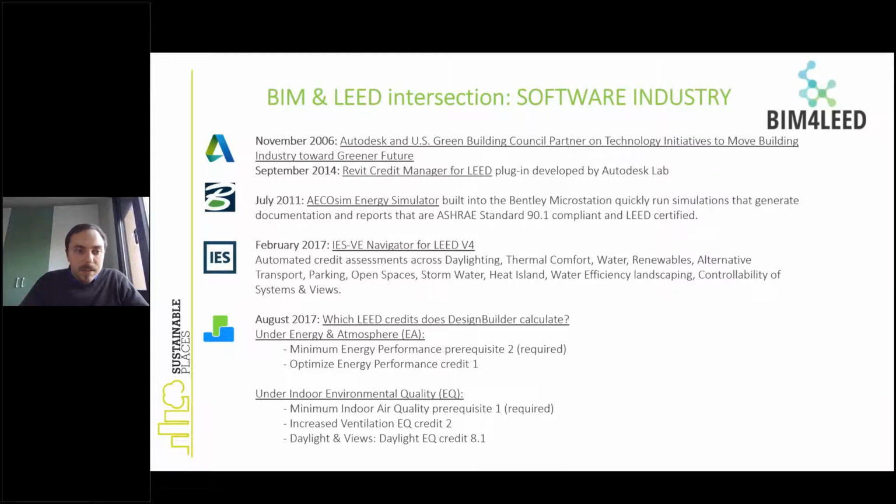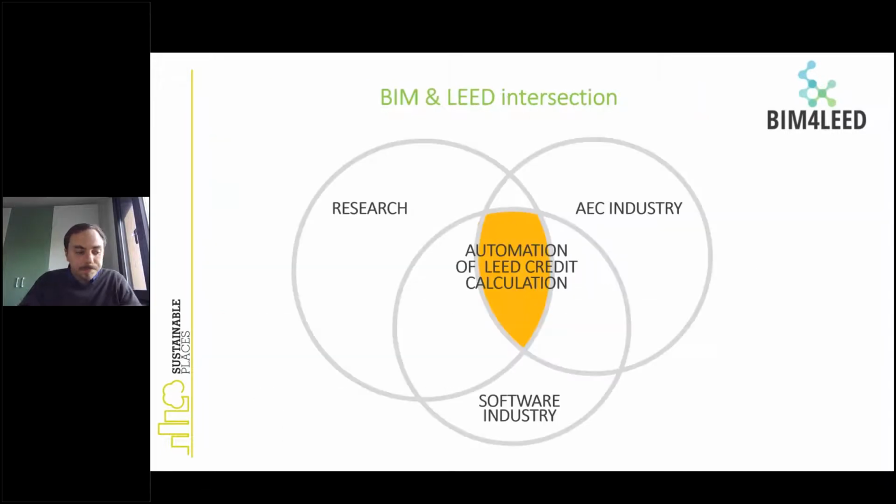Bentley did the same with its virtual environment and Design Builder. There are tools in these different software packages that help the designer to calculate these credits.